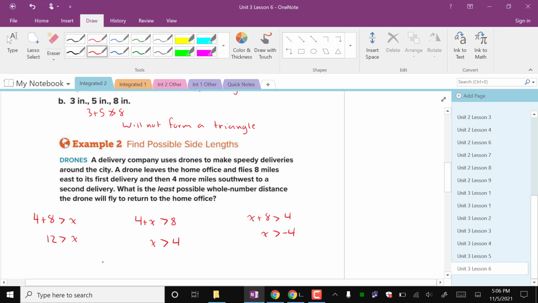So the distance would be at least 5 miles, because 5 is greater than 4, but 5 is less than 12. So it would be at least 5 miles.